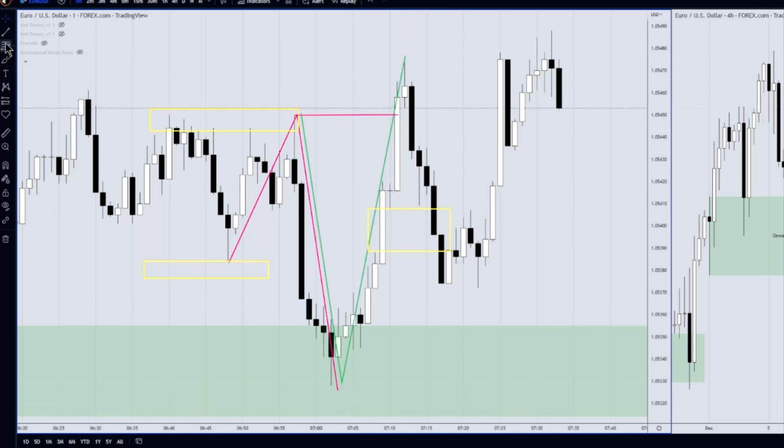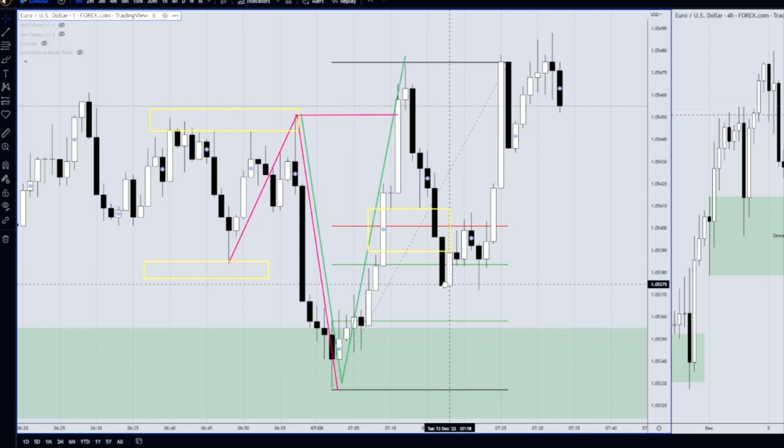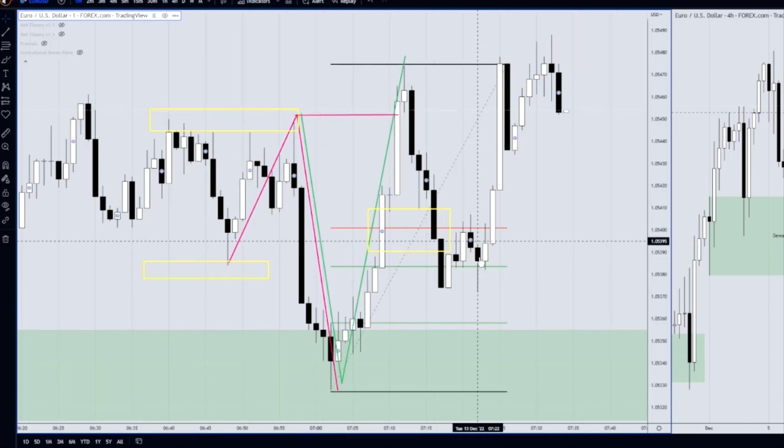And if we're to place a Fibonacci on here to get the OTE, price actually falls into that OTE level as well. So I was just observing it, but you can see it's behaving as it should do in terms of ICT methodology.